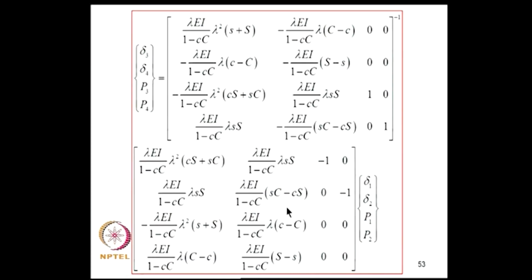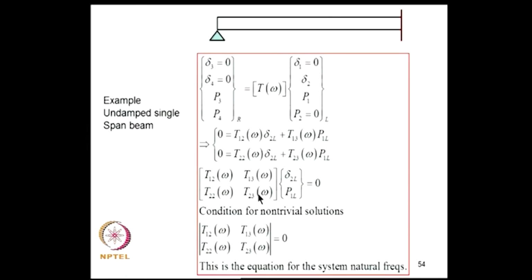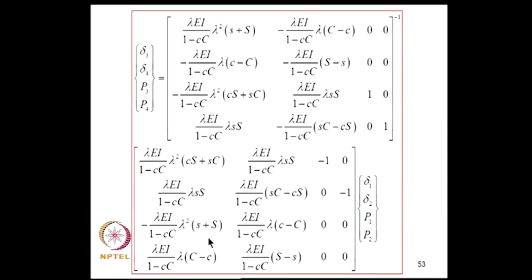Now my objective is to relate what happens on the right hand side to the left hand side, and the transfer matrix is given by the inverse of this into this. I am not going to give all the details; we can code it up and see what we get.